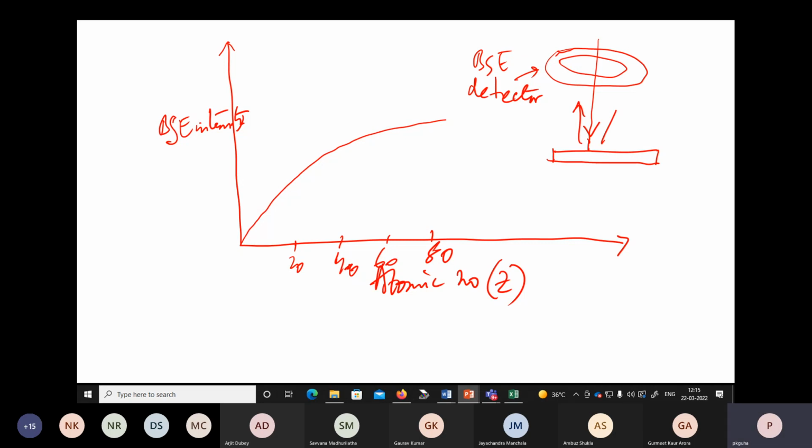Now another very important aspect I would like to mention is the charging effect.